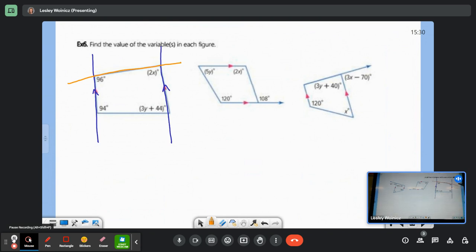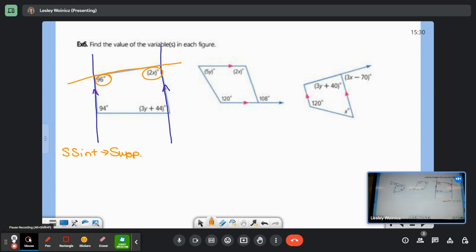With respect to this line, what relationship do our 96 degree and 2x angle have? Are they in the interior or the exterior? Are they same side or alternate? They are same side interior, so they are supplementary.